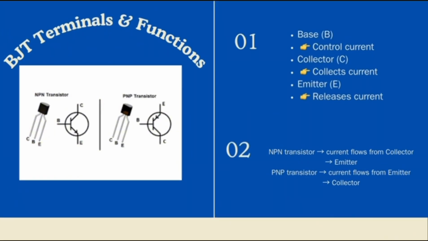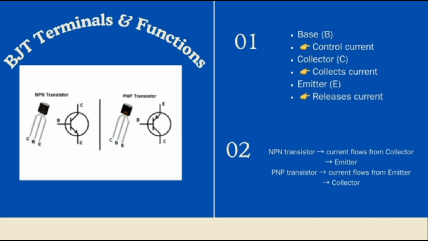And now I'm going to explain about the three terminals of a bipolar junction transistor and their functions. This transistor has three terminals, which are base, collector, and emitter. Each terminal has a specific role in controlling the flow of current in the transistor.